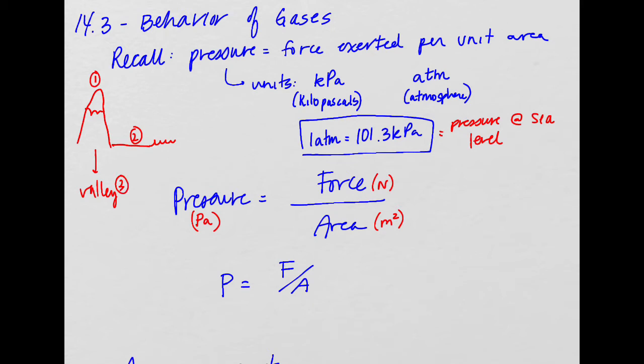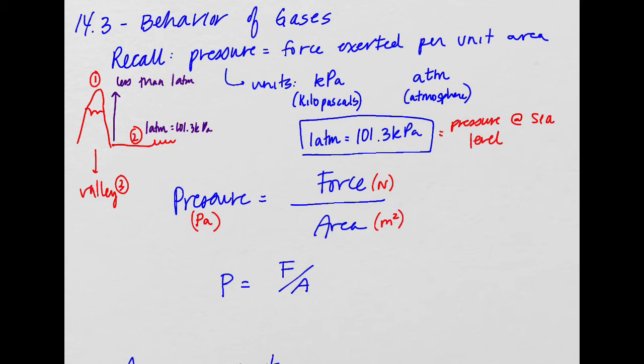At sea level, we're going to have 1 atmosphere of pressure, or 101.3 kilopascals. As we rise in altitude, as we go higher in the sky, we feel less pressure. So this is going to be less than 1 atmosphere.